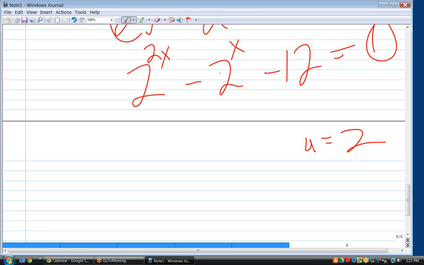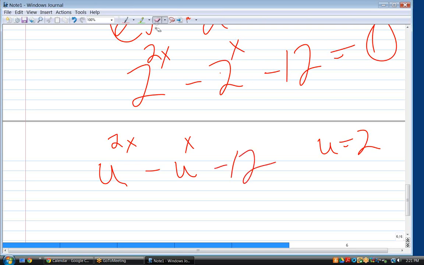Hold on a moment. Okay, so if I let u equal to 2, then I would have u to the 2x minus u to the x minus 12. I got the wrong thing here.